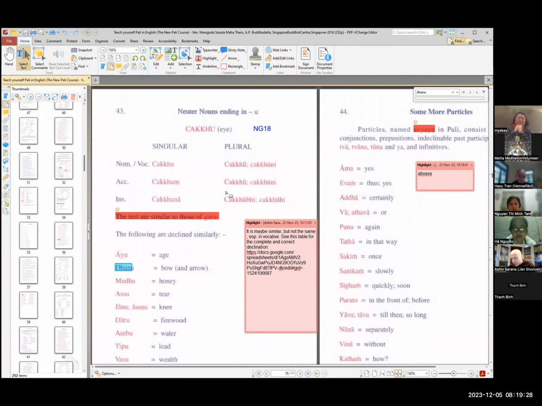You will find that from a dictionary, because the dictionary will tell you whether you can accept that noun as a neuter or masculine or feminine, and some nouns are both. Some nouns are both masculine and neuter, or both neuter and feminine. So for this, you need a dictionary. I don't think you could do this without a dictionary.